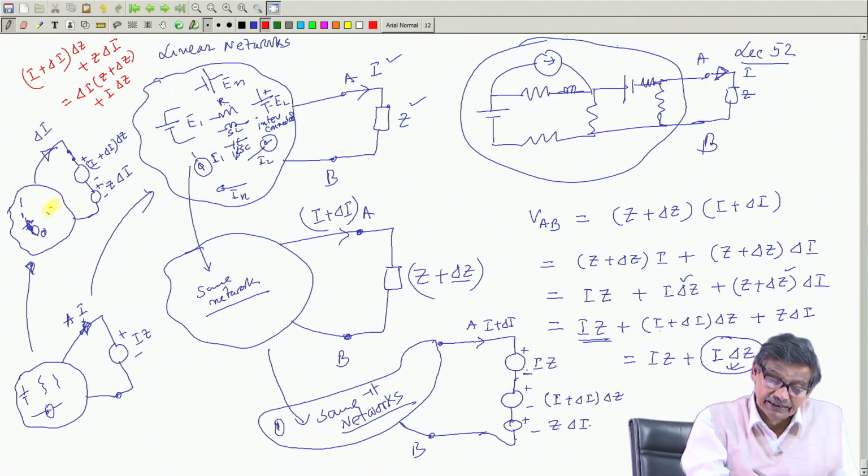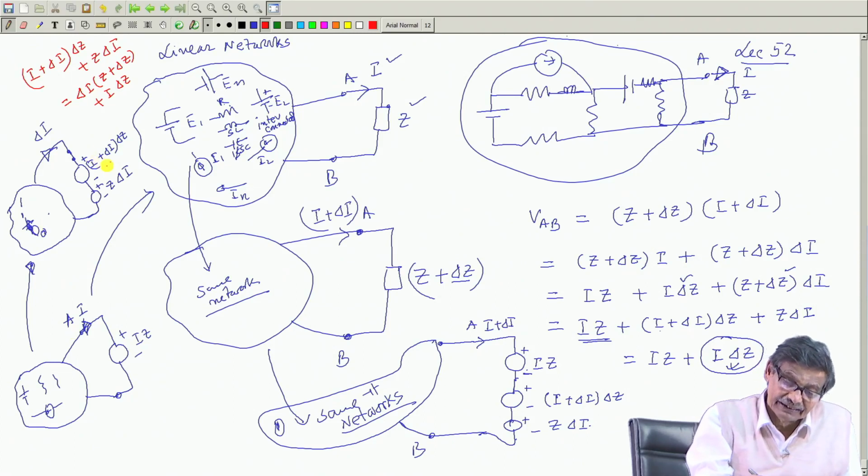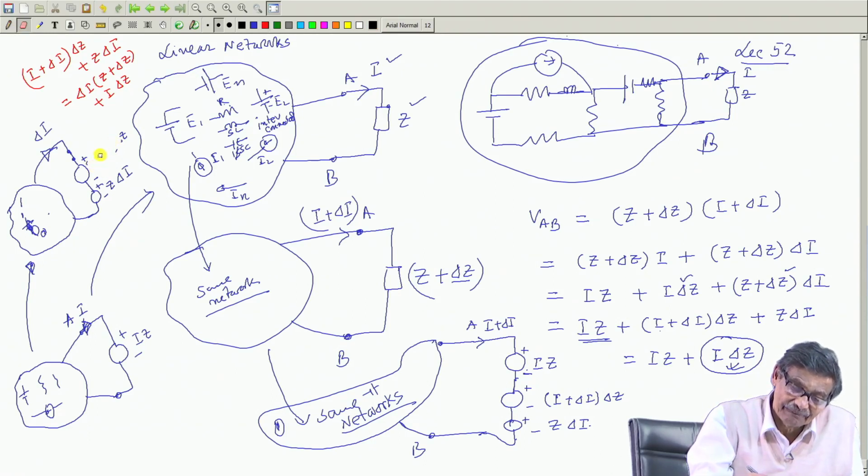Therefore, I will say that this source can also be replaced by these two: one is I into delta Z, plus delta I into (Z plus delta Z). Crucial step.